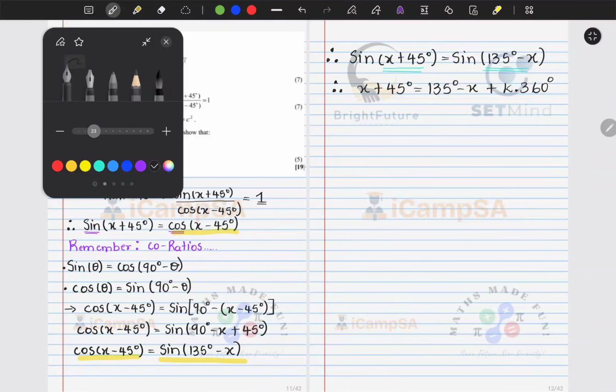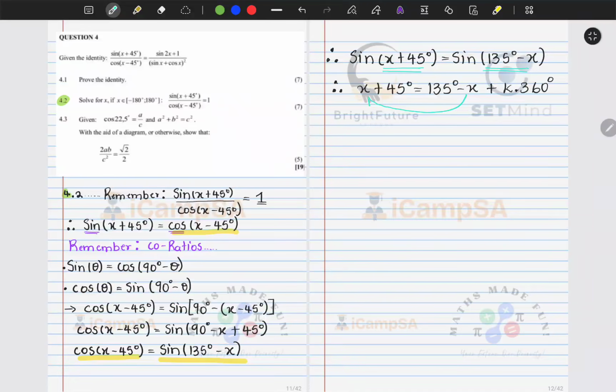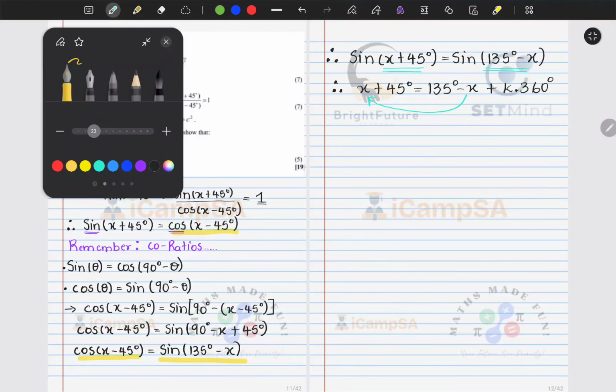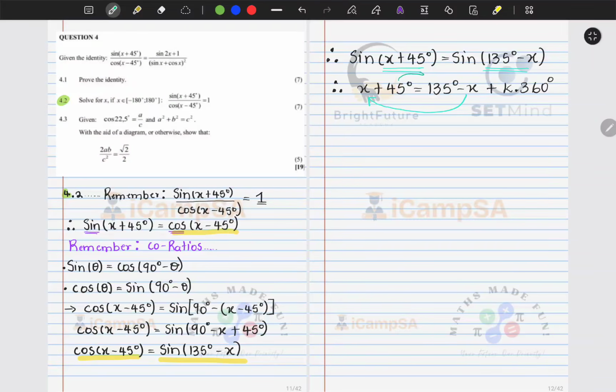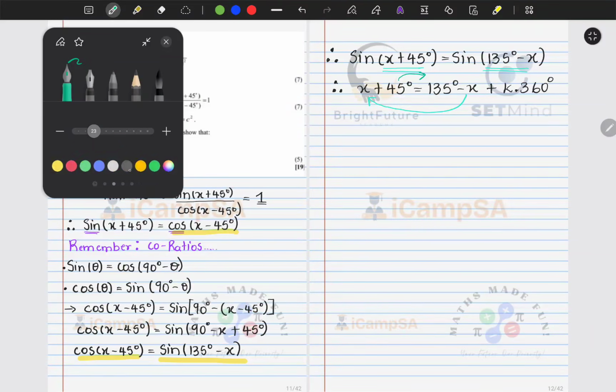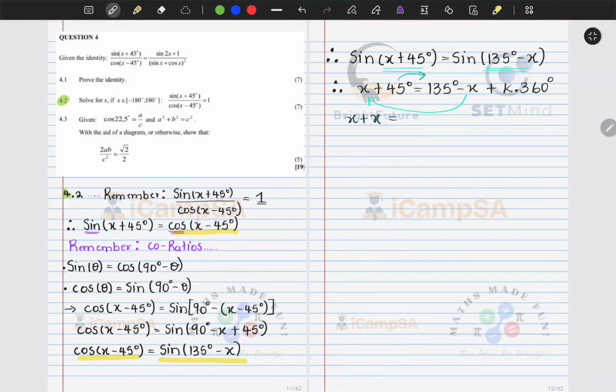And what we can do clearly is to move the x this side and then move this portion, this one, to that side. Okay. What does that give us? It means we now have x plus x equaling 135 degrees minus 45 degrees, then plus k 360.